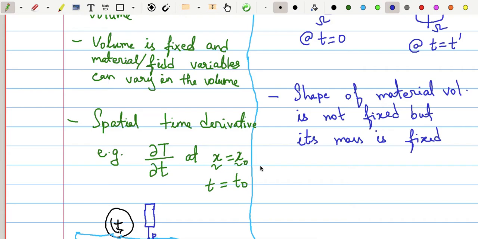So shape of the material volume is not fixed, but its mass is fixed. Another point is material cannot enter or leave the material volume.